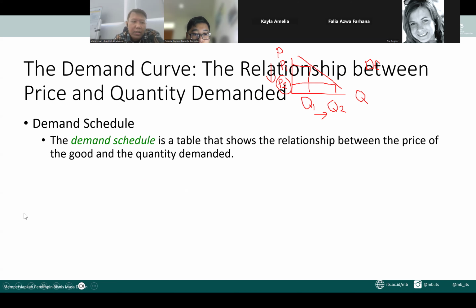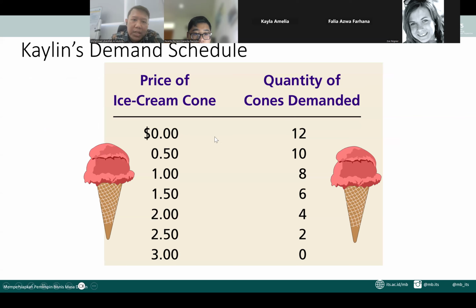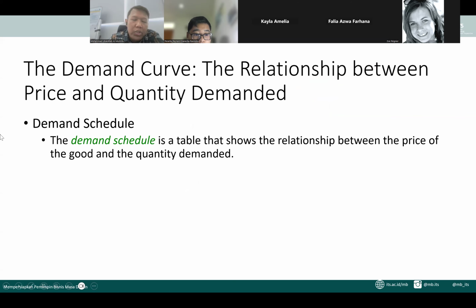So let's try to look at the model in an implementation way. Imagine that we have a demand schedule. This demand schedule is actually a table which shows the relationship between the price of the good and the quantity demanded.